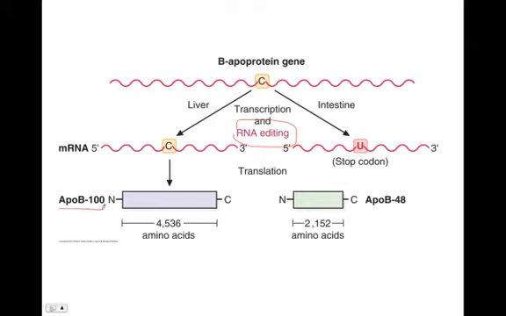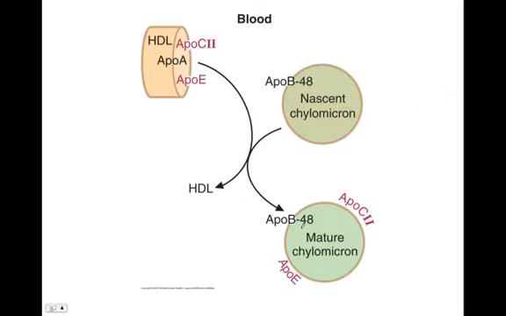In this case, in the liver, we have synthesis of ApoB100, where the full transcript is translated, and in the intestine, where we require ApoB48 for chylomicron packaging, the introduction of a stop codon through the modification of a single nucleotide truncates the protein. So again, our nascent chylomicron with ApoB48 requires the addition of ApoC2 and ApoE for it to become a mature chylomicron. And this happens again within the bloodstream.